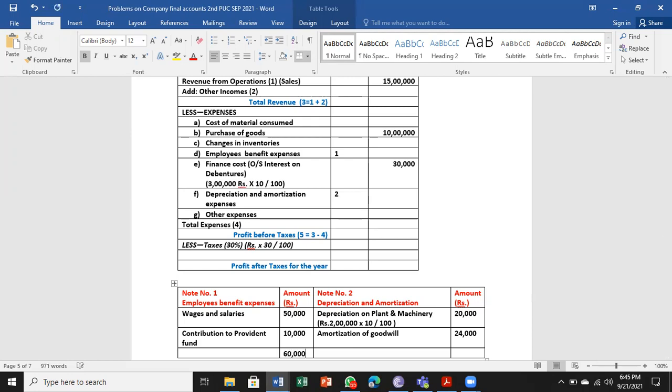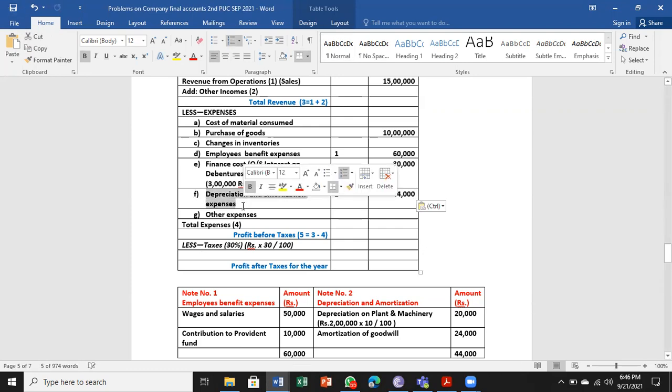So we are left with nothing else. We have completed all. So I'm going for the total of the 2 notes which we have prepared earlier. I will take this 60,000 to employee benefit expenses. I'll take this 44,000 to the second note, depreciation and amortization expenses.